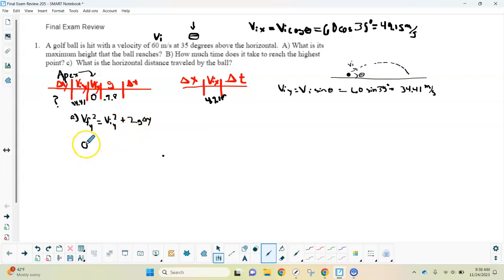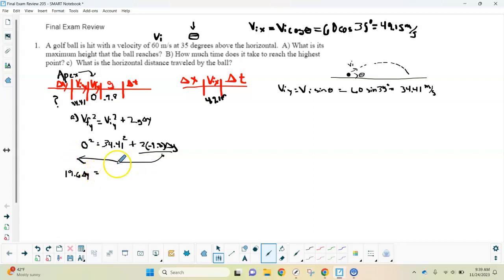So we know this is 0 squared equals the Y component, which is the 34.41 squared plus 2 times negative 9.8 delta y. And I'm going to take this term to the other side through addition. So this is negative 19.6 delta y. When I take it to the side, it becomes a positive 19.6 delta y. It's 19.6 because 2 times 9.8 is 19.6, and it's negative here, so I take it to the other side, it's positive. So that's the left side of the equation.